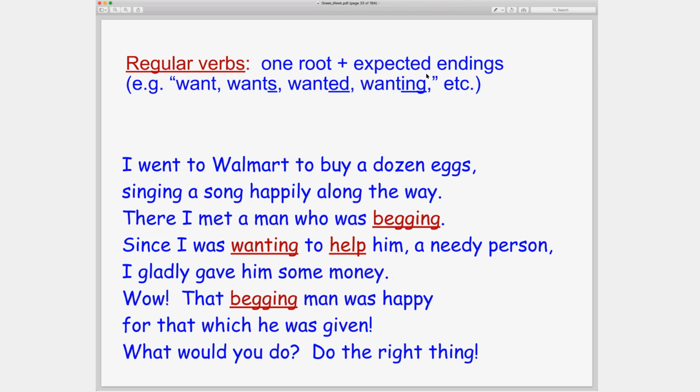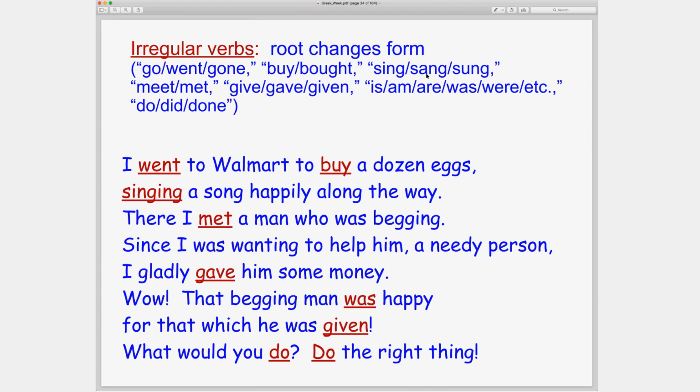Then irregular verbs change the root. This happens in Greek also. Some Greek words are regular and verbs are regular and some are irregular. We say, I went. You don't say, I goed, G-O-E-D. I do say to buy, but if I used another tense, I wouldn't say to have buyed, B-U-I-E-D.